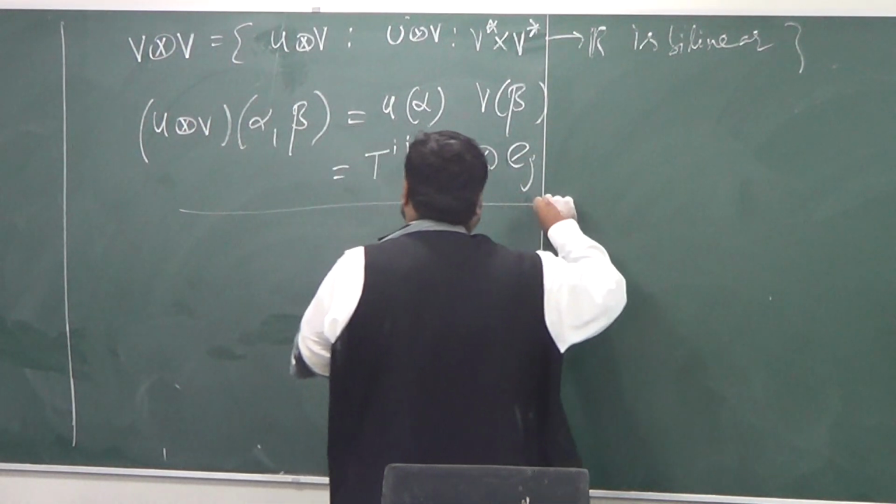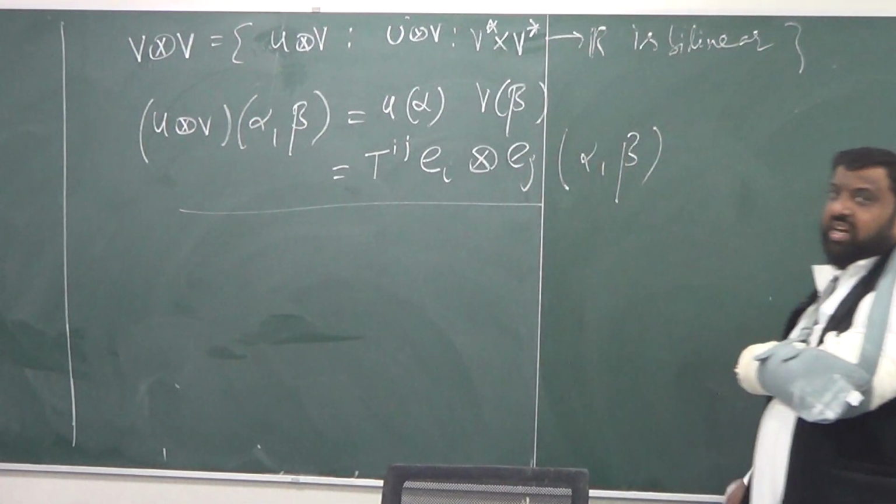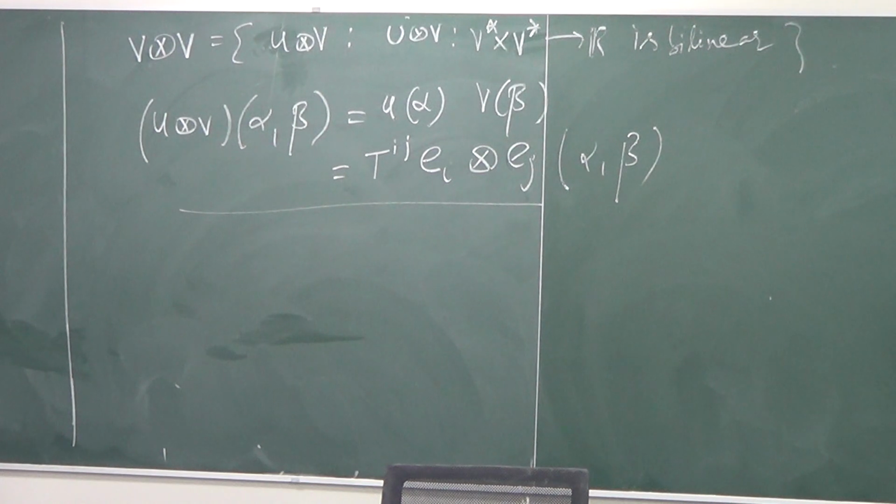So this is how it operates onto alpha, beta, and this is how these tensor products are going to look. Okay? Are you getting the point?